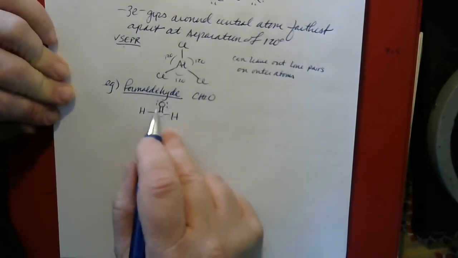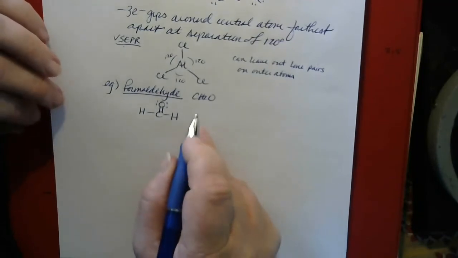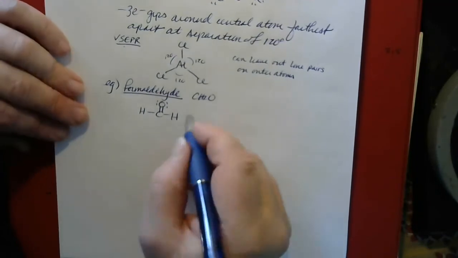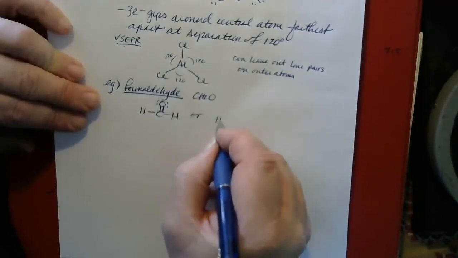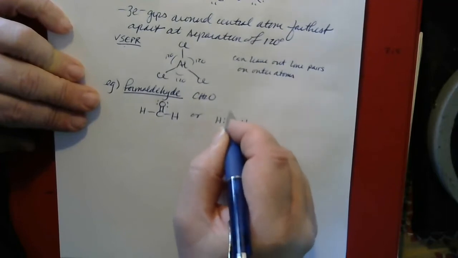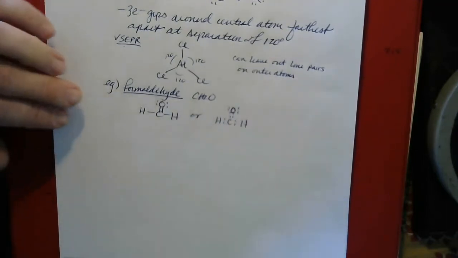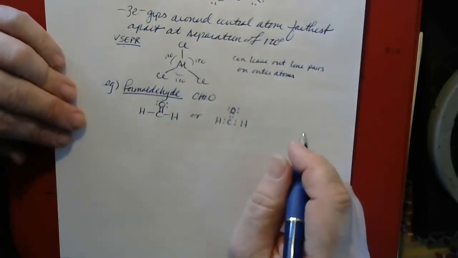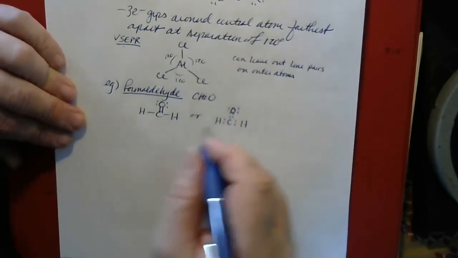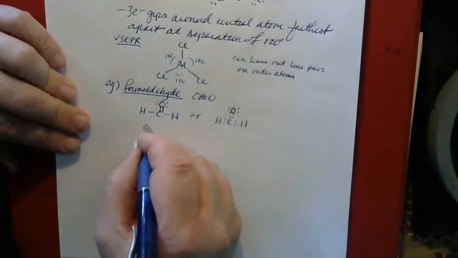You end up having to use a double bond for the oxygen in order to give carbon an octet. You can also draw it like that. And the geometry is the same as aluminum chloride, more or less.